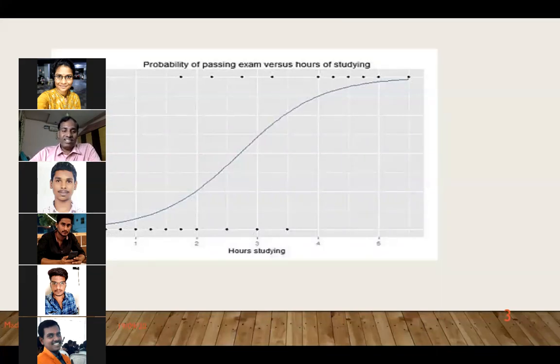So those people who put in less than 2.5 hours have a lower probability. Whoever puts in more than 2.5 hours has a higher probability, and to be sure that all of them pass, they should spend almost 5 hours a day.